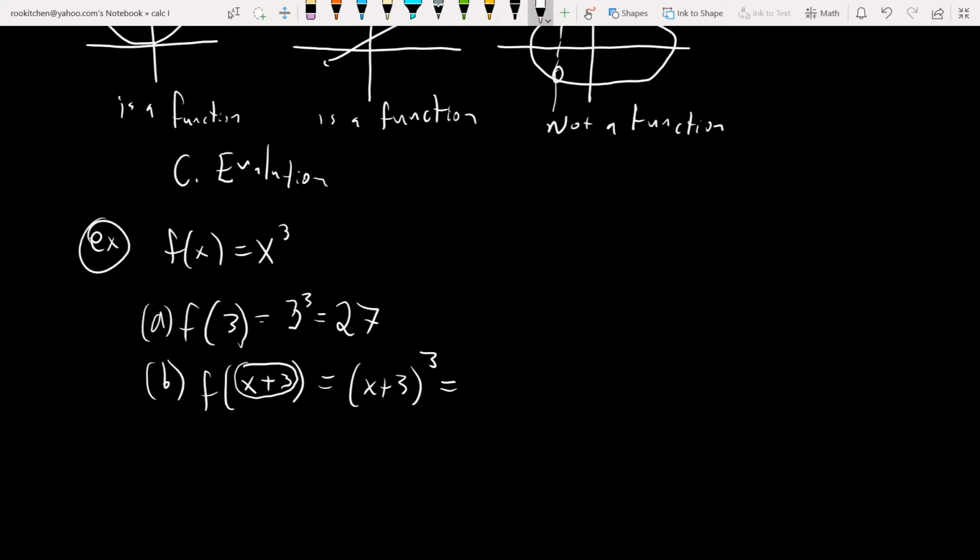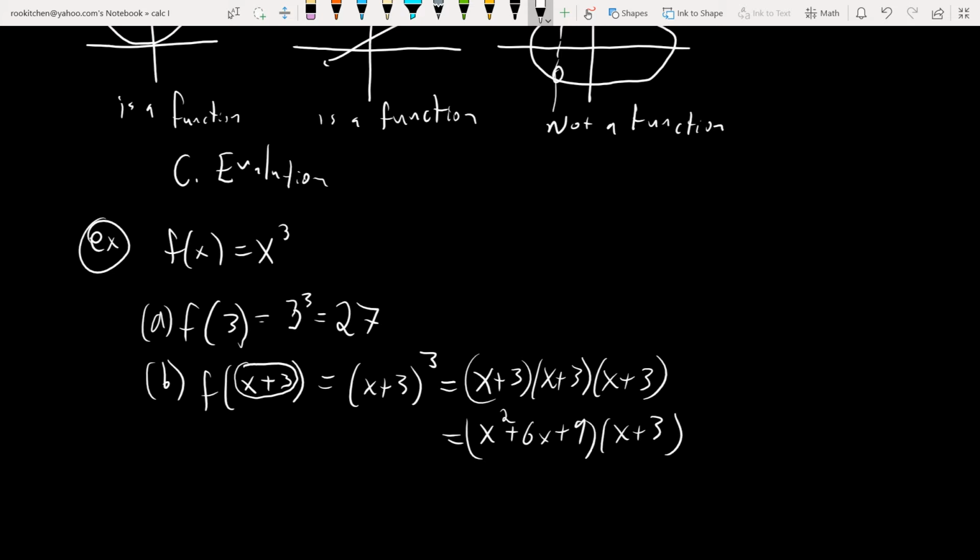So x plus 3 cubed is x plus 3 times x plus 3 times x plus 3. Foiling out the first two, you get x squared plus 3x plus 3x is 6x plus 9, times x plus 3. And then you have to distribute these things, and then combine like terms.